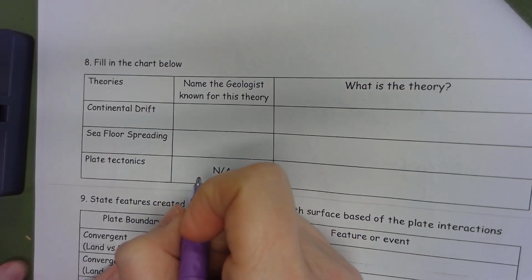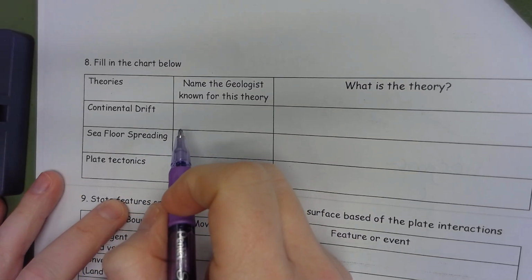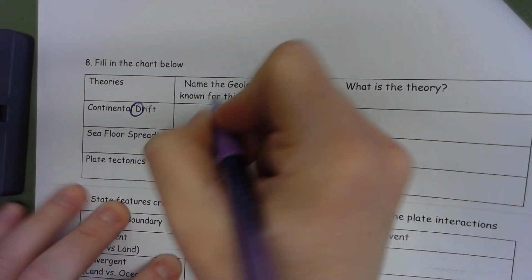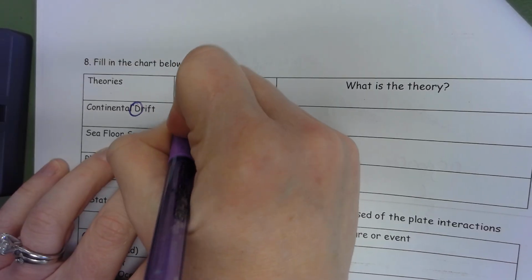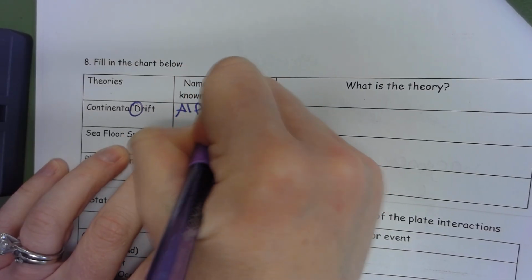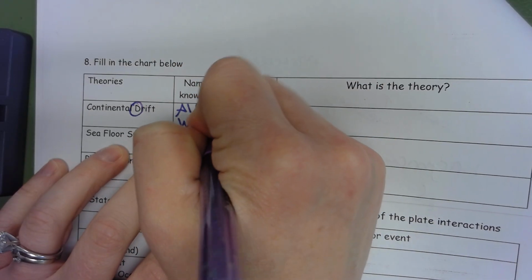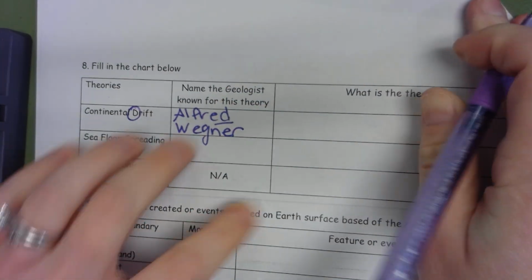Name the geologist known for this theory, continental drift. We see the D there, and we have a D in Alfred Wegener. What is the theory?